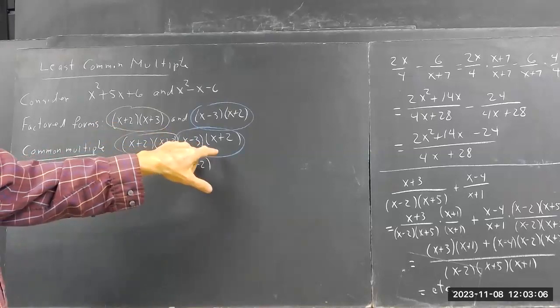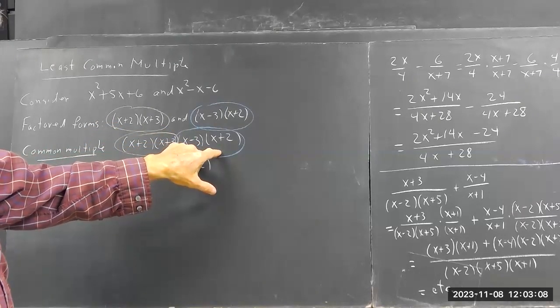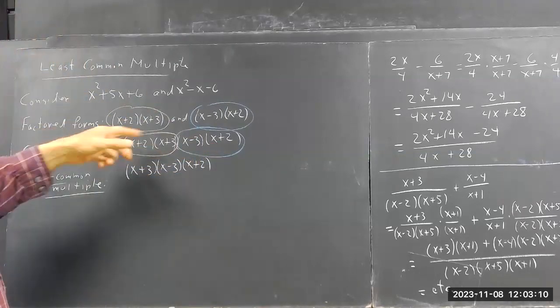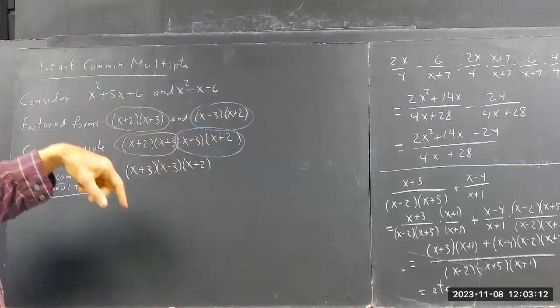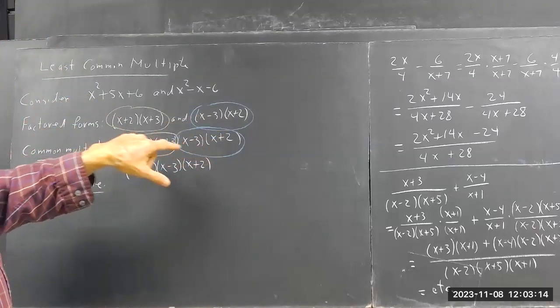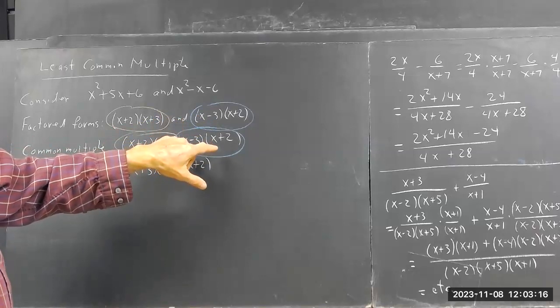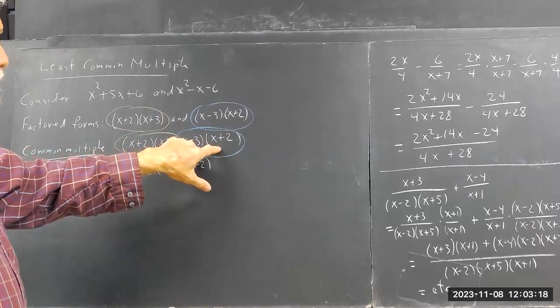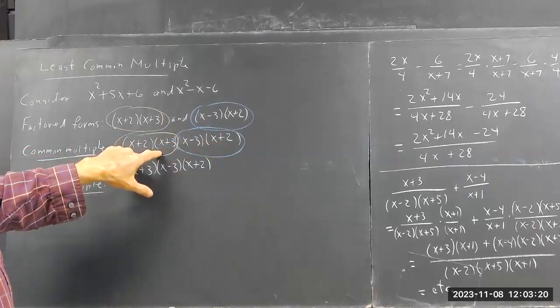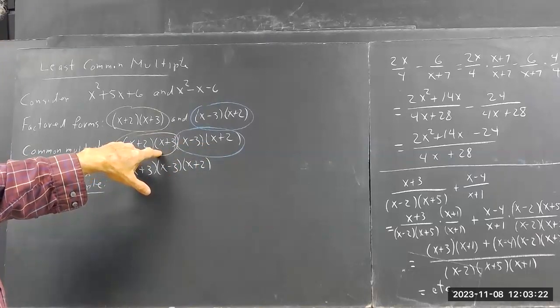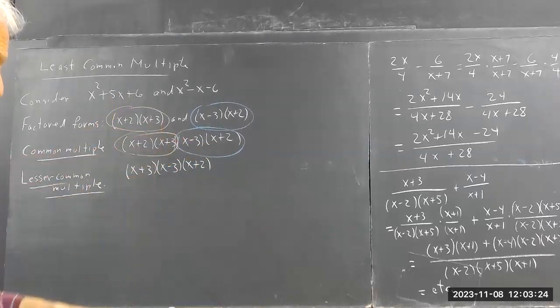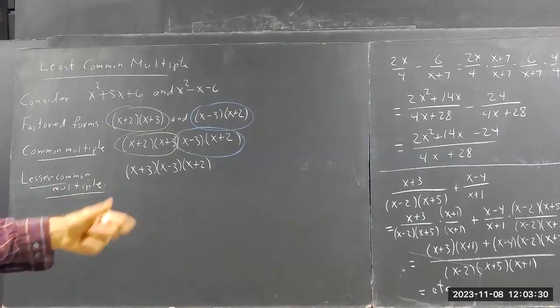We multiplied it by x minus 3 times x plus 2. So this is a multiple of this. And what would we multiply x minus 3 times x plus 2 by? We'd have to multiply it by x plus 2 times x plus 3 to get this common multiple. Well, that might or might not be clear. I might or might not be sorry I said it that way, but there it is.